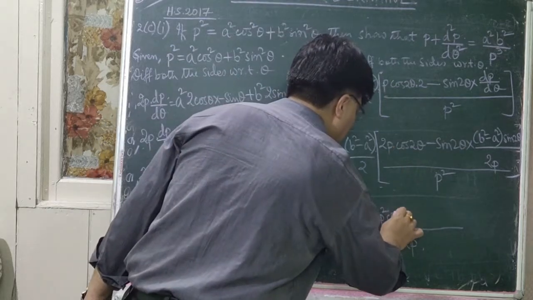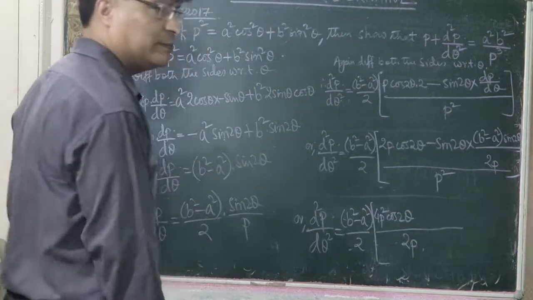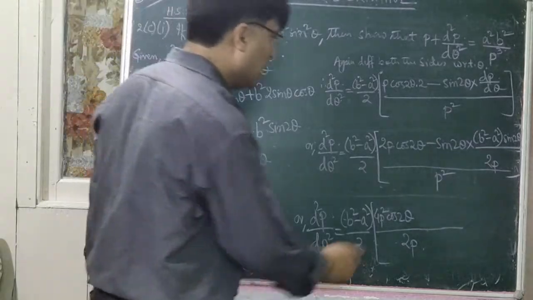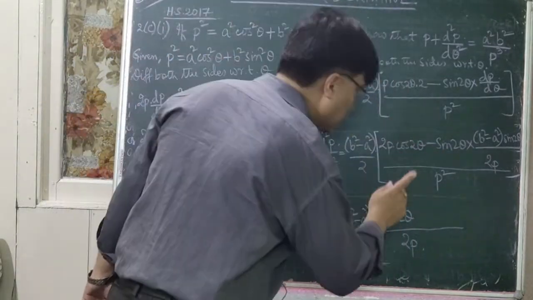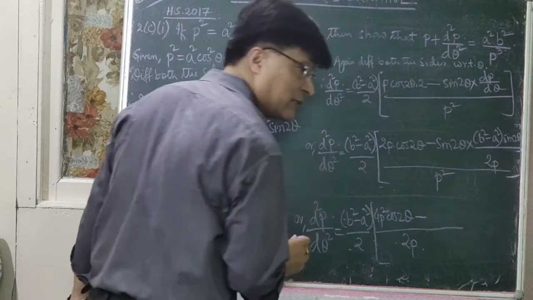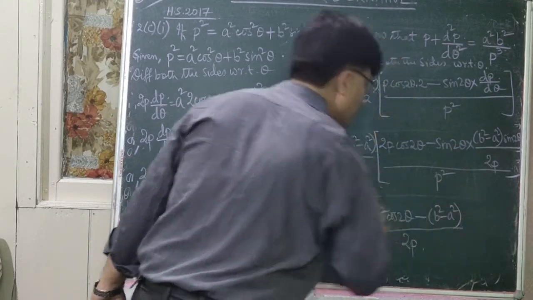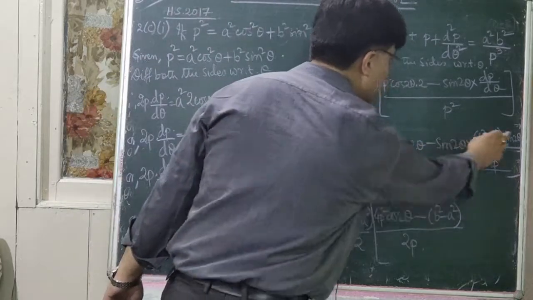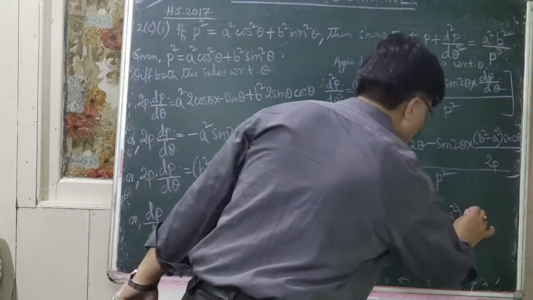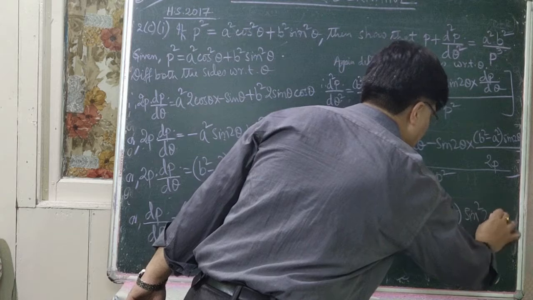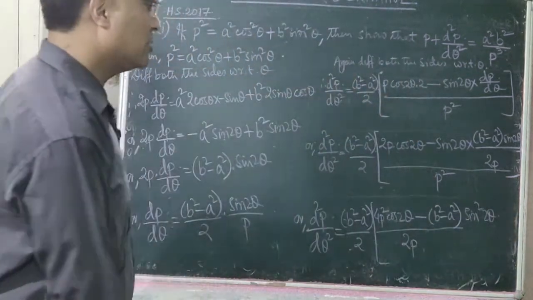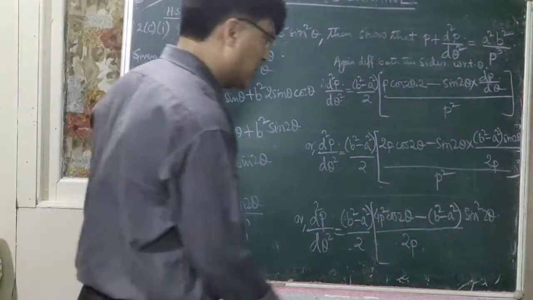Then you have to write down cos 2 theta. Okay. Then what will you write? Minus b square minus a square, sine 2 theta into sine 2 theta. What is it? This is your sine square 2 theta.